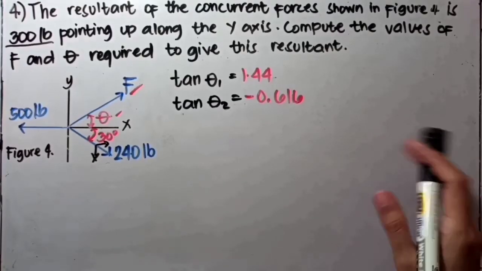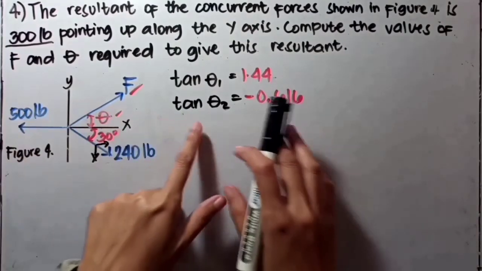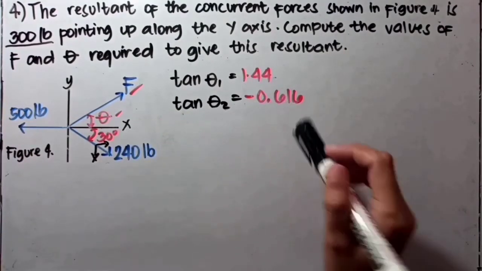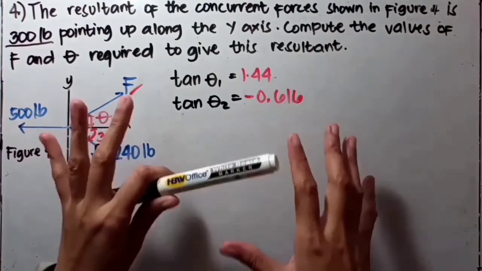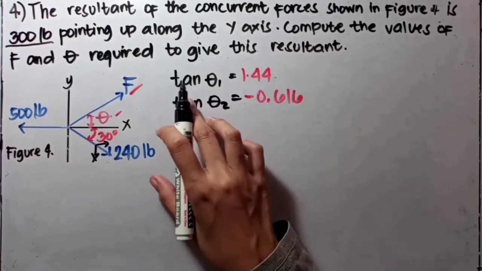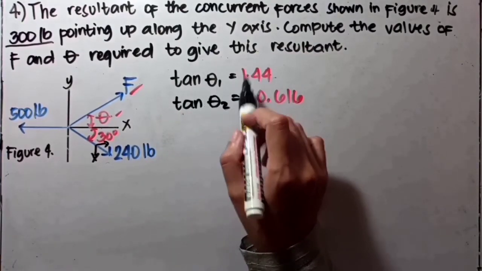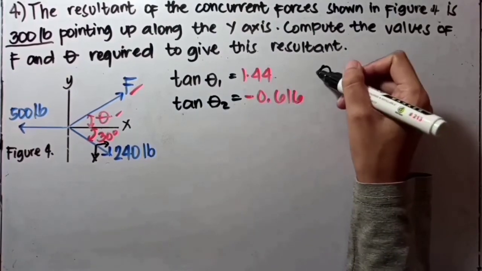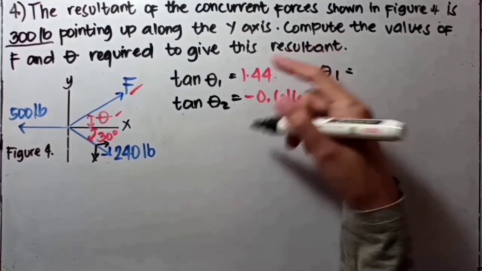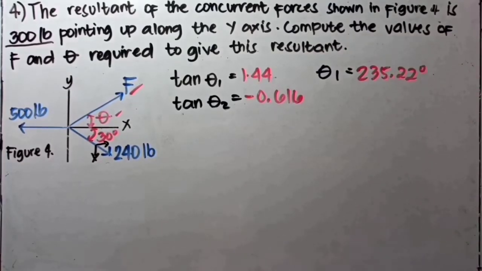Yung answer natin kanina, hindi pa yun ang final answer for the angle. So, itong tan theta 1 and tan theta 2 na sagot ay i-calculate pa natin. Kapag i-input mo sa calculator itong tan theta is equals to 1.44, lalabas na ang theta 1 will be 235.22 degrees.